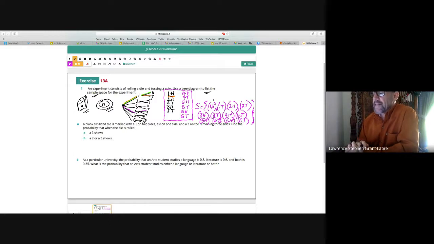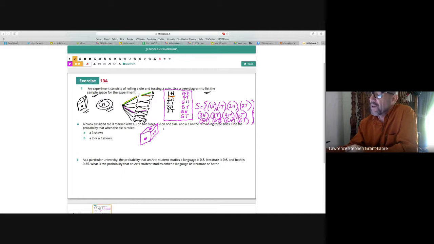Question 4: a 6-sided die is marked with the number 1 on 2 sides, 2 on one side, and 3 on the other 3 sides.